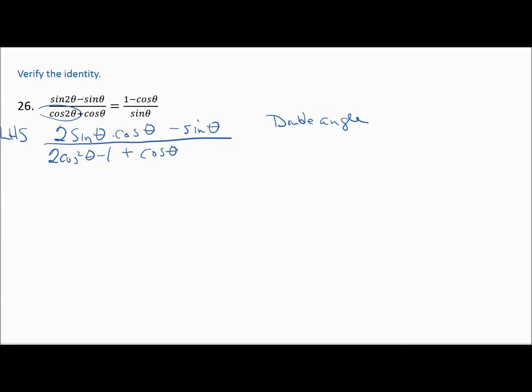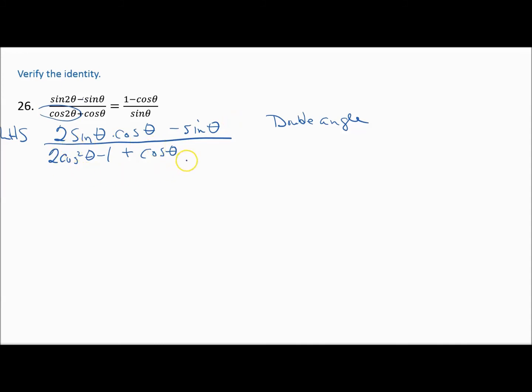Alright, so we use the double angle in both the numerator and the denominator. Okay, next. What do you think we should do next? I do see that in the numerator there's a greatest common factor, because you've got this term, 2 sine of theta times cosine of theta, and this term, sine of theta. We could factor out a sine of theta.